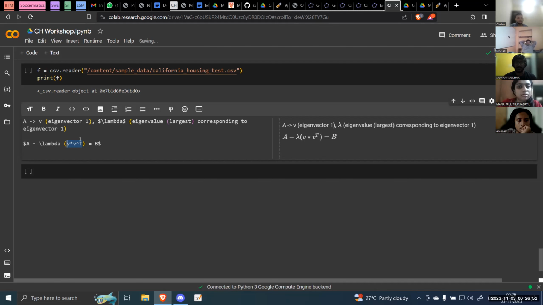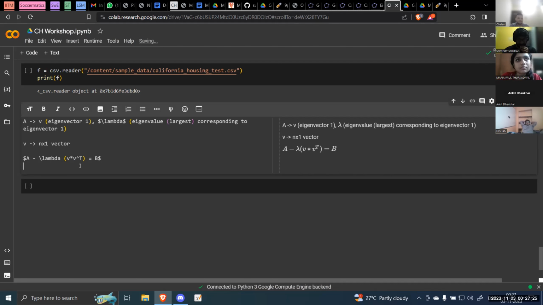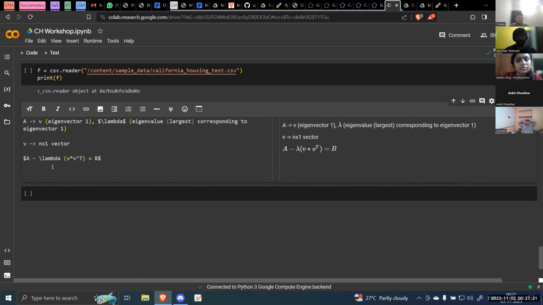V is just a 3x1 vector, and we multiply it with its transpose, 1x3, so it gives a 3x3 matrix. In general, it will give us an n cross n matrix.